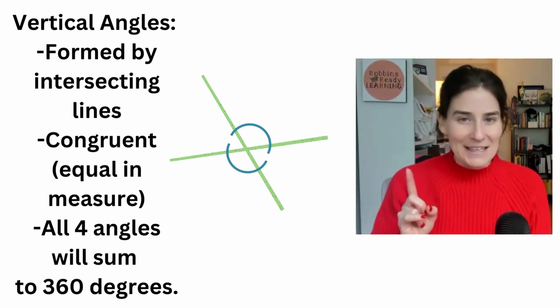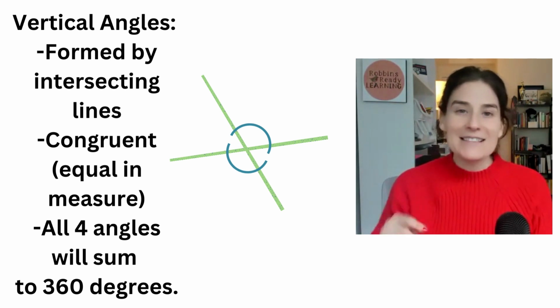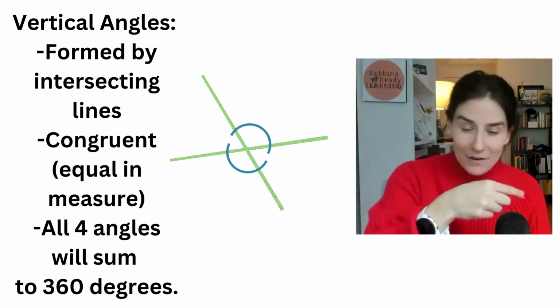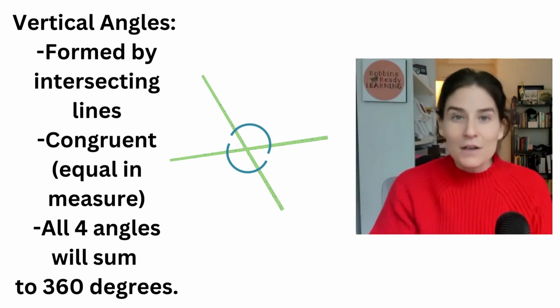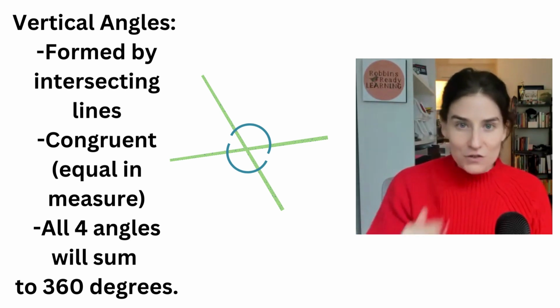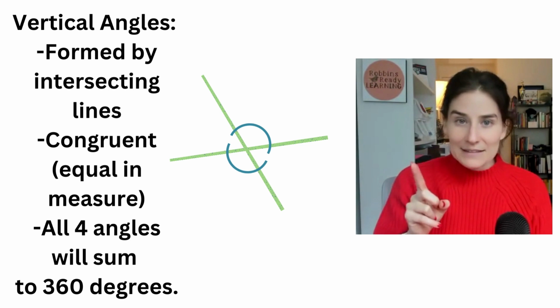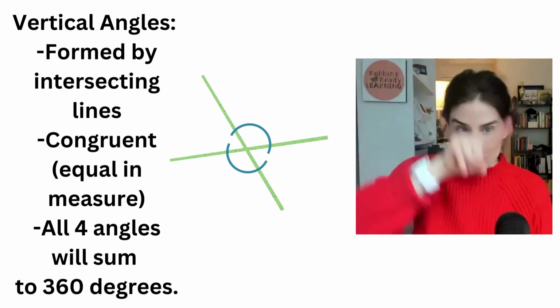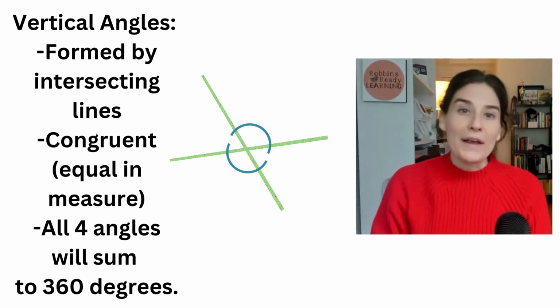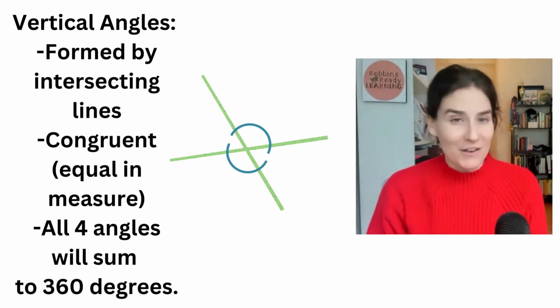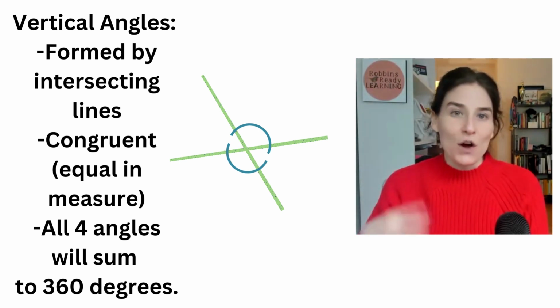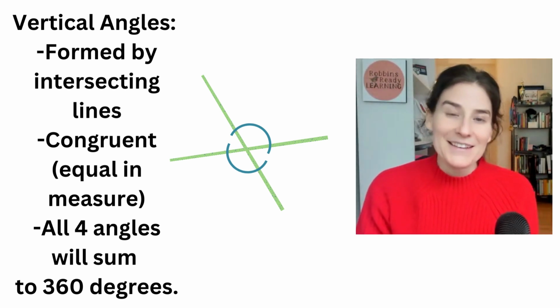When we have intersecting lines, they also form those linear pairs we were talking about before, so any of the angles on the straight line will sum to 180. And as a last fact, all four angles in this little circle will sum to 360 degrees, which is also the measure of a circle.